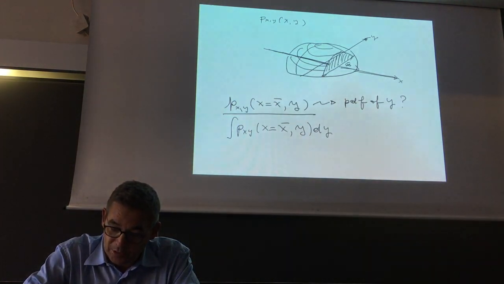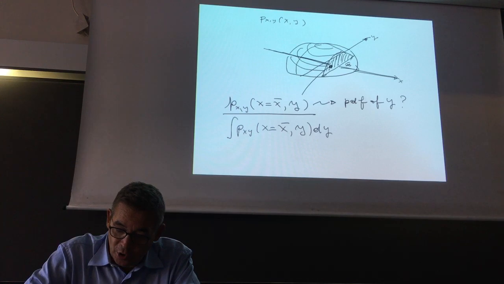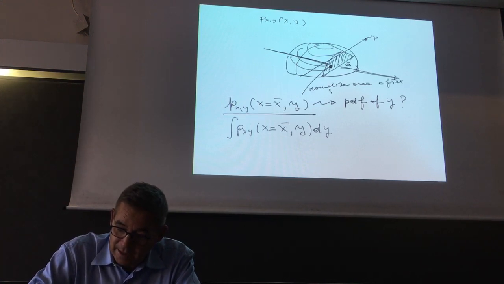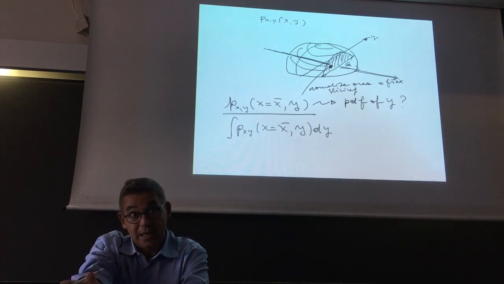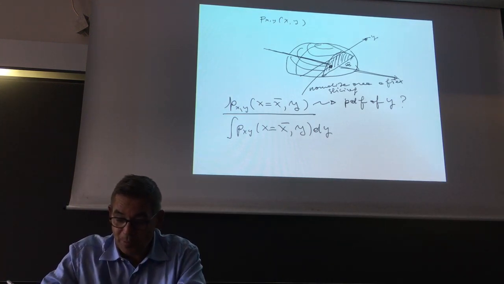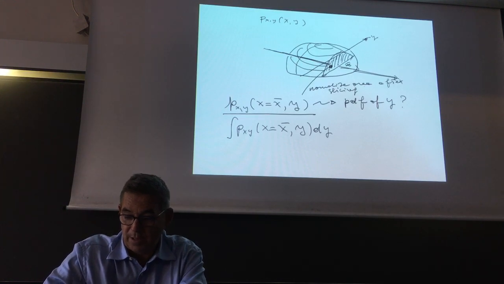So, what I need to do is take this area and normalize the area after slicing. You see, slicing, because I cut it. After slicing, I need to normalize the area after slicing to 1.